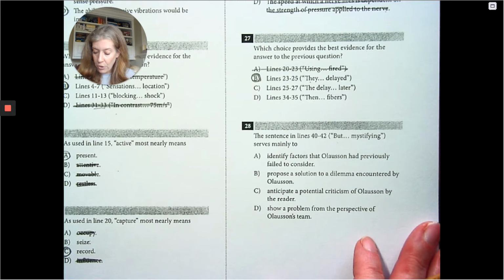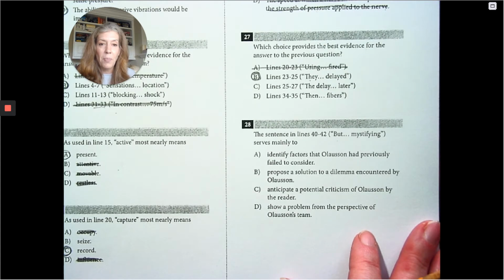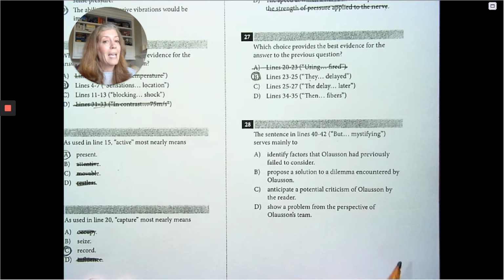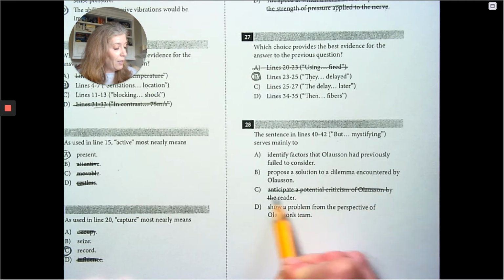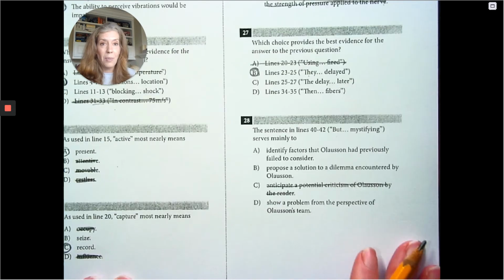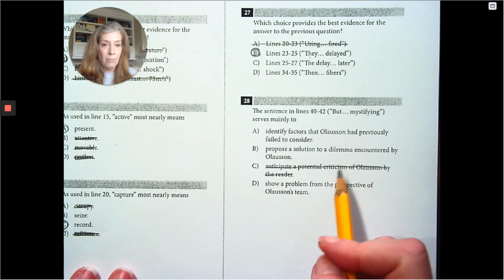Dilemma encountered. I don't think I like that one either. Anticipate a potential criticism of Olgeson by the reader. We don't know enough about the scientists to criticize. And I can't even think that that would be correct because at no time did they bring us into the reading.